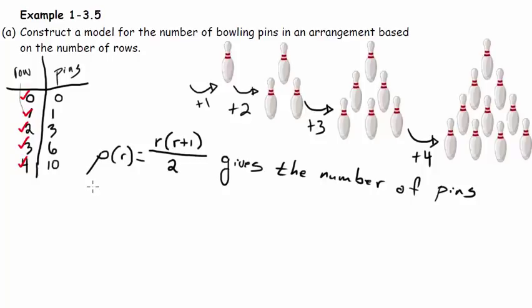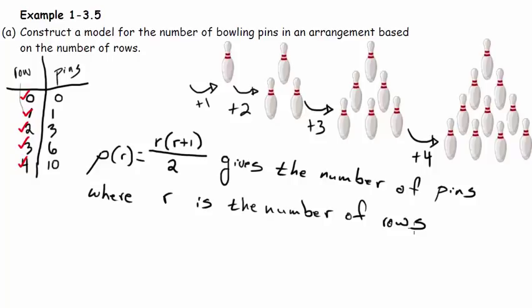Now we need an input description where R is, well, my input here was the number of rows. R is the number of rows. Alright, now we need a domain.